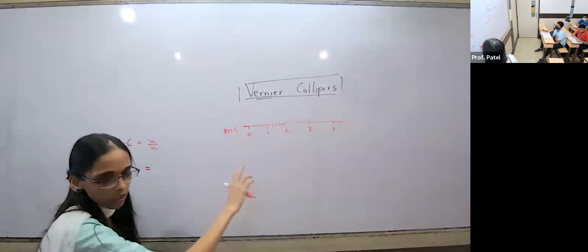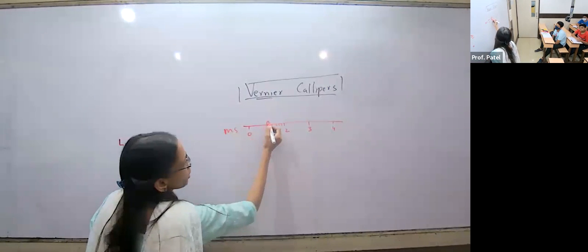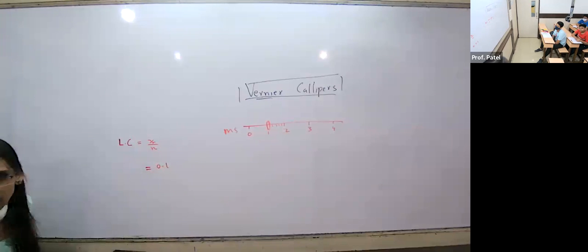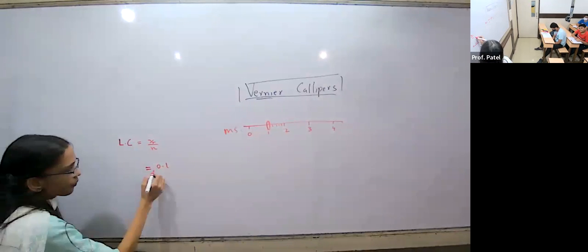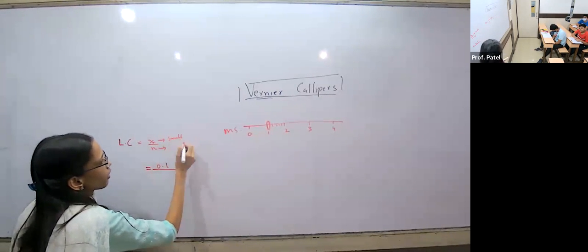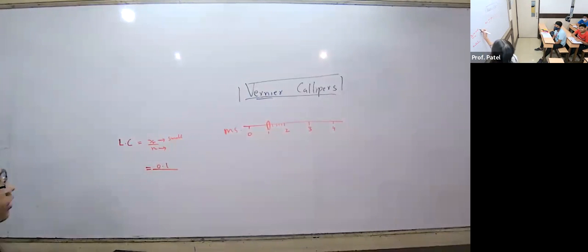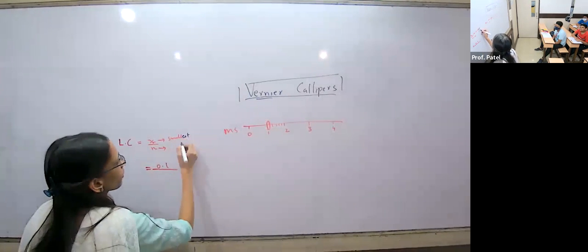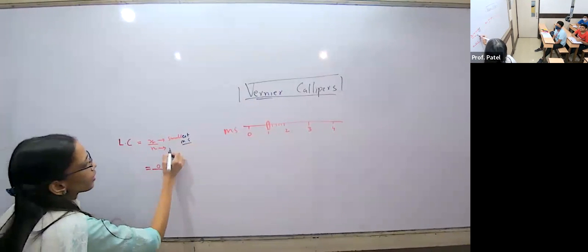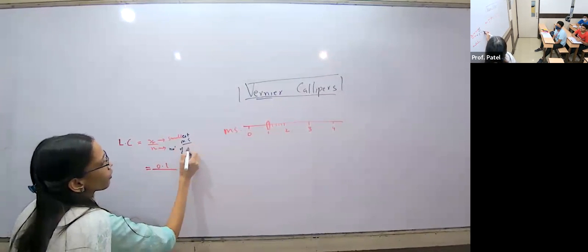Okay. So x is how much? The smallest division is 0.1 centimeter. Okay. This x I write as the smallest main scale division. What is n? n is the number of vernier scale divisions.